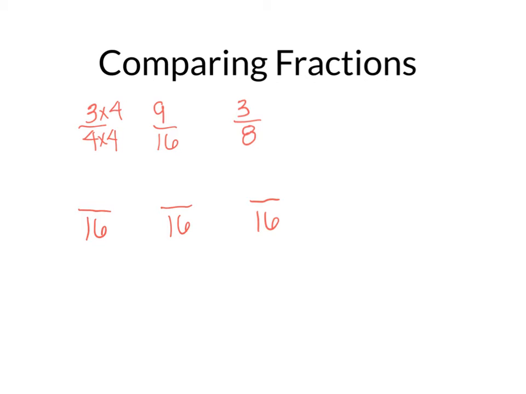So both top and bottom, I'm going to multiply by 4. The second one, 9/16, I didn't change, so I'm going to leave that a 9. And the 8, I multiplied, obviously, by 2, so that means the top also gets multiplied by 2, so that's going to be 6/16.